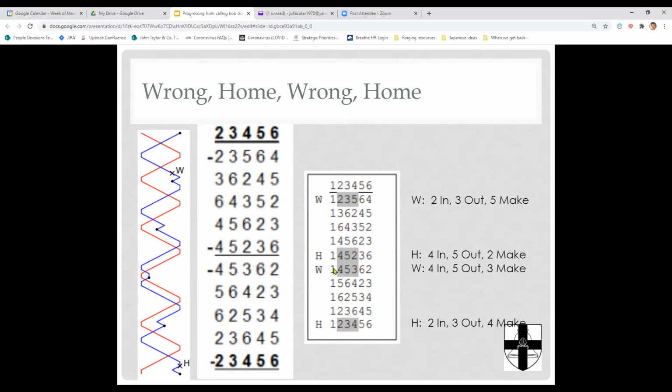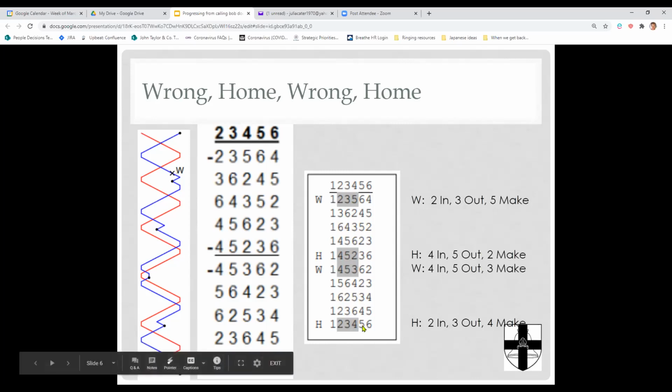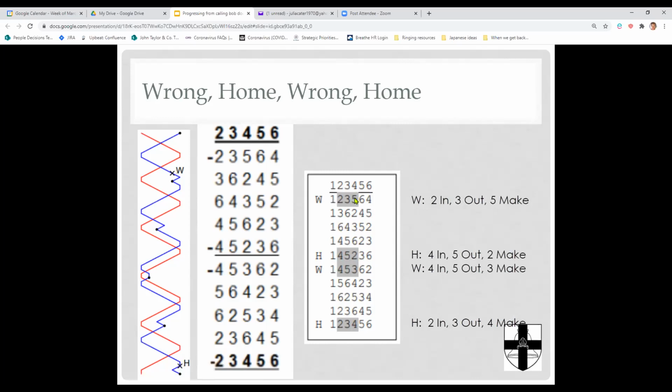For the home it runs out, for the wrong it runs out, and then I'm back to dodging 5, 6 up, which is actually the home position. 5, 6 are back together. So it's a little bit useful if you've got these numbers out and you don't want to ring the tenor, and it helps you look up what am I going to be doing if I want to still call the tenor wrong home, wrong home.